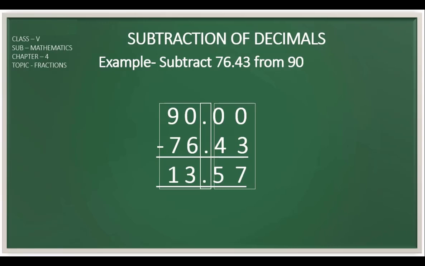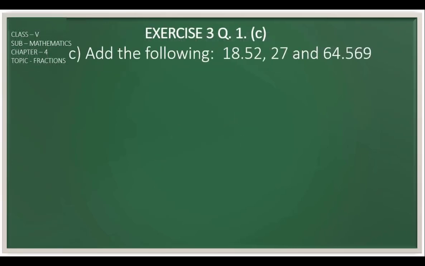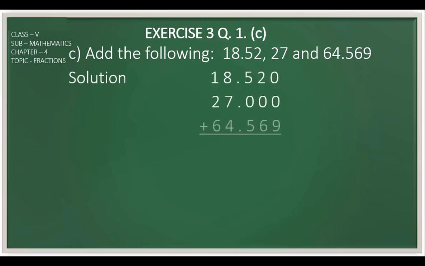Let's try to solve some questions from exercise number 3, question number 1C. Add the following: 18.52, 27 and 64.569. So we will write all the three numbers below each other such that their decimal point lies in the same position.